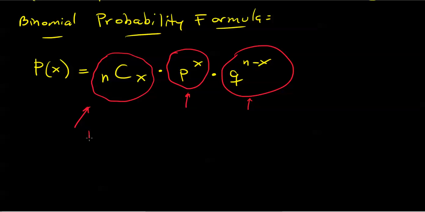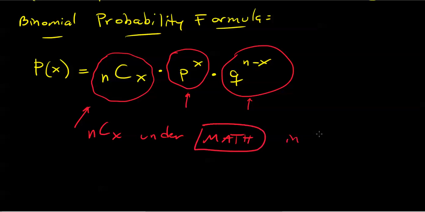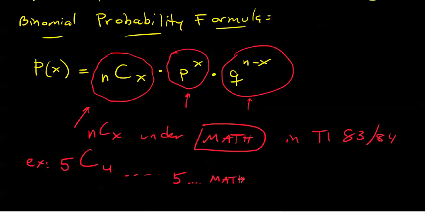Alright, n choose x is under the math menu in the TI-83 or 84 calculator. For example, if I wanted 5 choose 4, I would go to my home screen and first clear everything, enter in a 5, then press the math button. Under the math button there is a submenu.